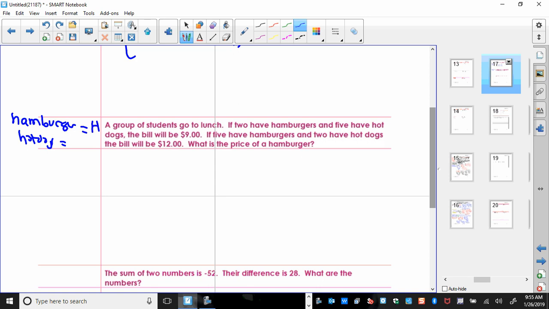So we have H and we have D. So we have 2 hamburgers plus 5 hot dogs equals $9. We have 5 hamburgers plus 2 hot dogs equals $12. And here's the system of equations.